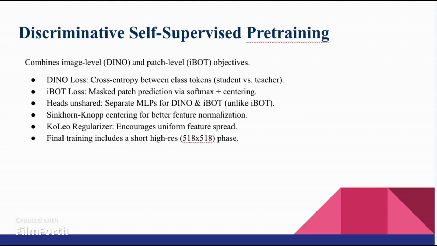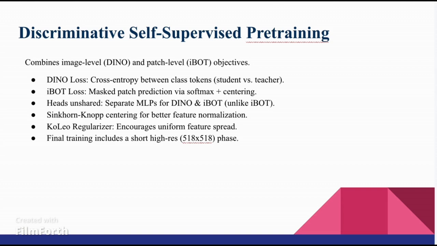The teacher is an EMA, that is exponential moving average, of the student weights. And the second key idea here is the iBOT patch level loss. That uses masked image modeling, where patches of the image are hidden from the student and the student is trained to predict patch level representations from the teacher. This captures fine-grained structure.